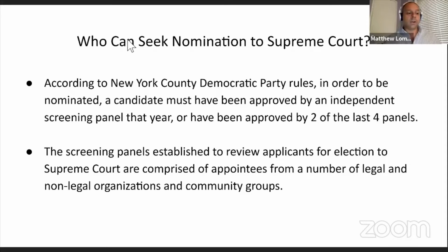There are a lot of criminal justice groups that will ask to be on these panels, as well as various other community groups throughout Manhattan.